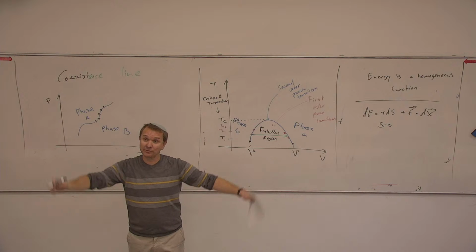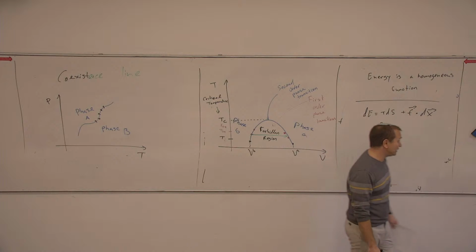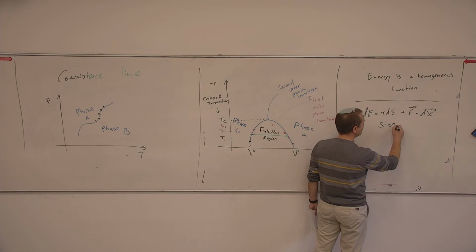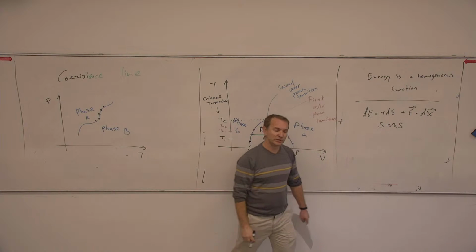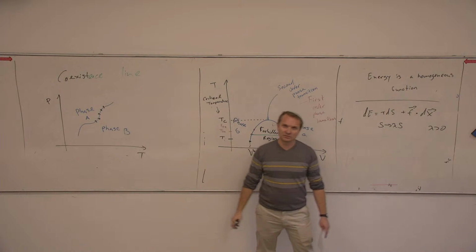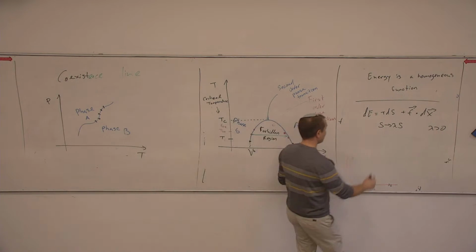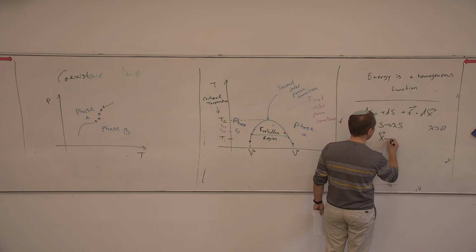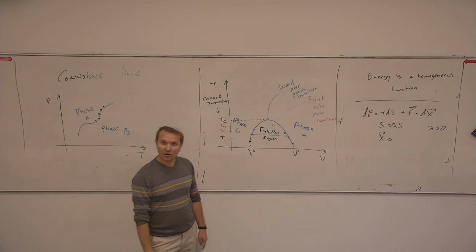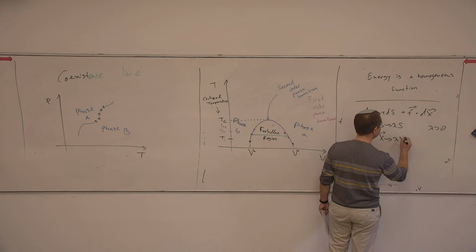Because entropy is an extensive quantity, let's say that instead of S, I have lambda multiplied by S, where lambda is some positive constant. So I increase the size of my system. My extensive coordinates are also multiplied by exactly the same parameter, lambda.